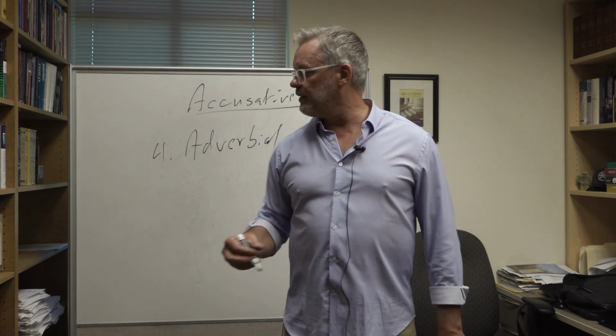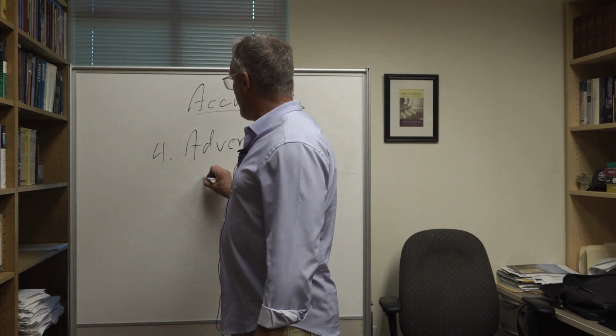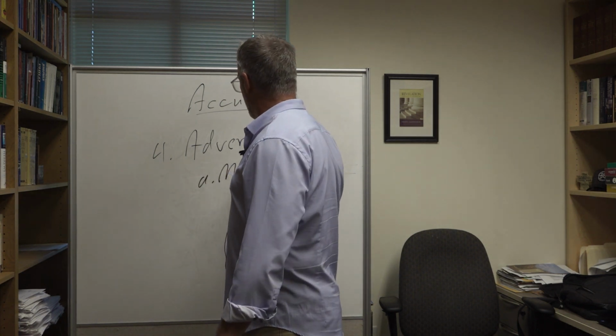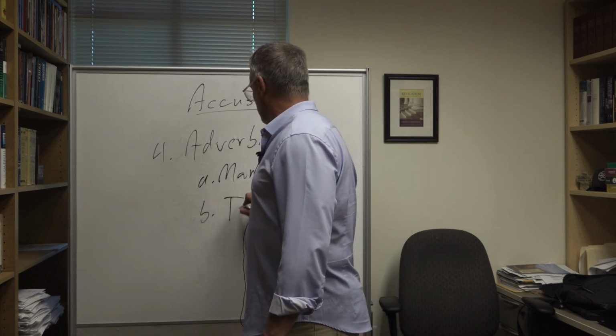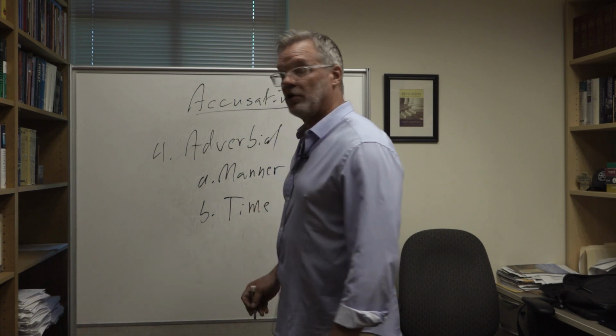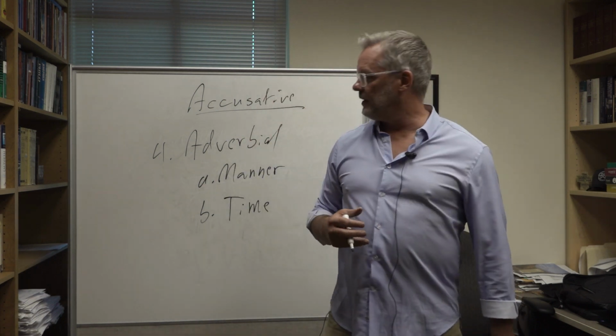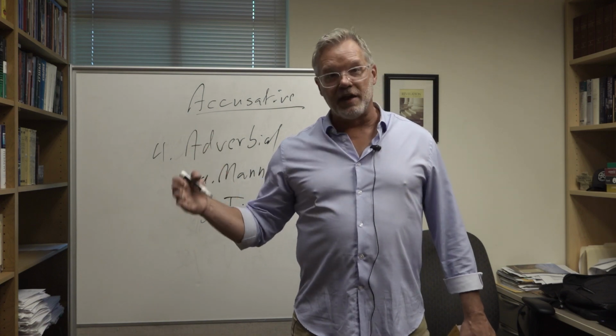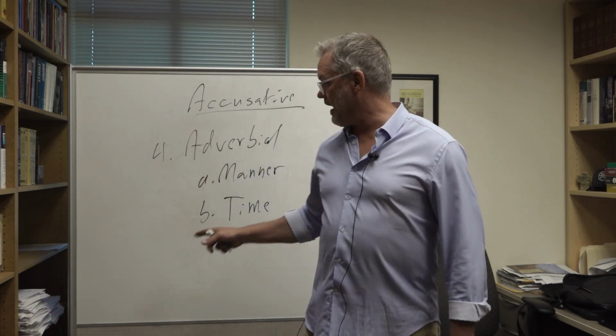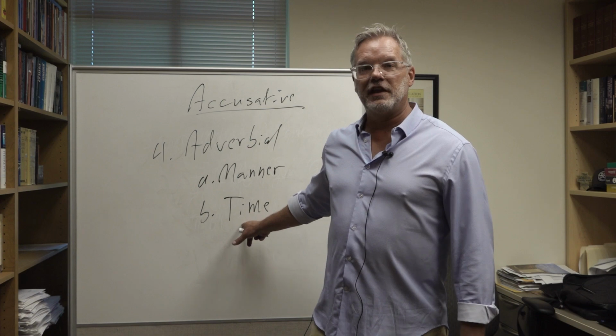It will modify the verb, and there's a number of ways it can act. Sometimes it can show manner. It can also show time, an adverbial accusative of time. So we've seen the genitive case, the dative case, and now the accusative case can indicate time.